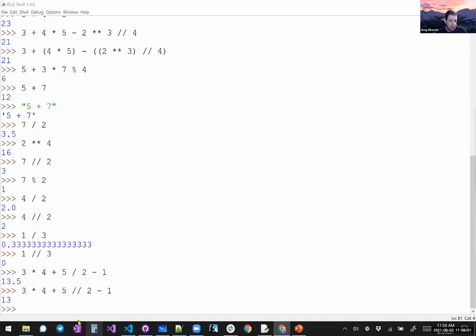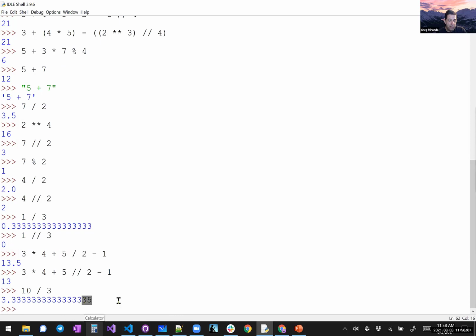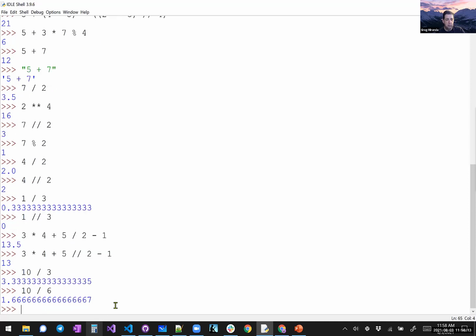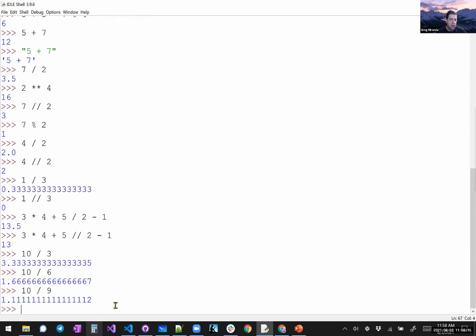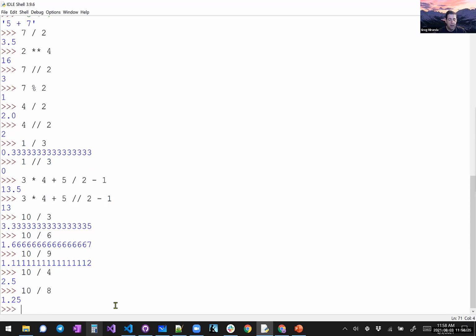But let's think about something we did earlier. We did 10 divided by 3, and we got this little weird rounding thing right here. You don't exactly know where it's going to round, do you? You get different things happening. We can do all of them, but notice the rounding.